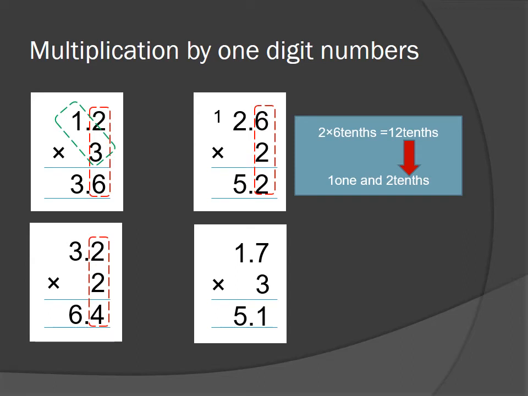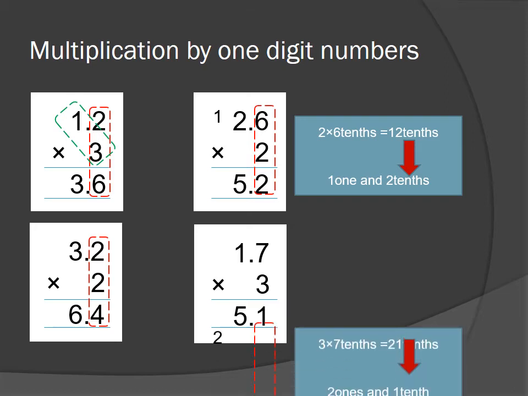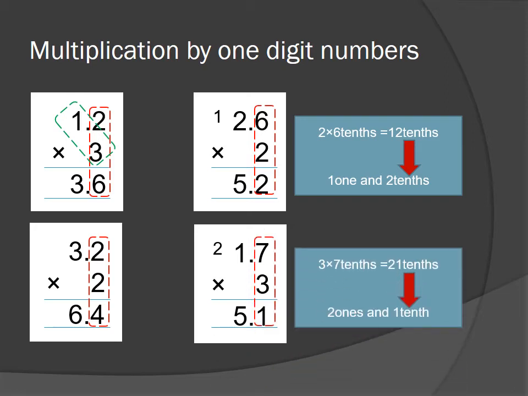Next question. 1.7. How to multiply it by 3? You know, you have to multiply the numbers in ones place. 3 times 7. 3 times 7 is equal to 21.